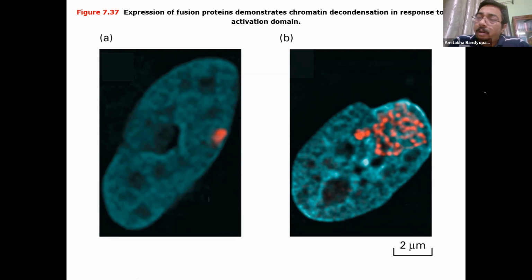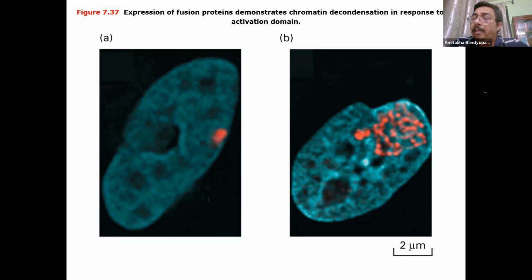Now, we will see the importance of activation domain in chromatin decondensation through a very, very interesting experiment. Before I get there, let me quickly tell you, you have been taught about this SWI/SNF complex, right? Which came from the yeast genetic screen for mating type switch or sucrose non-fermentation mutation, etc. So the SNF proteins, many of them, have kind of DNA helicase-like activity.